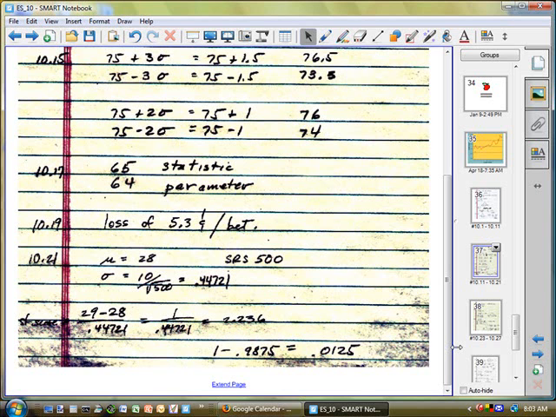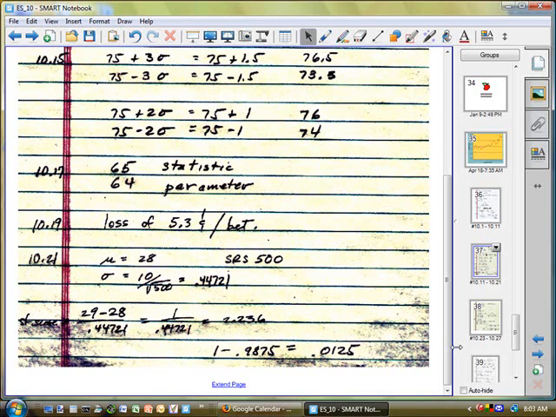I don't know if you can see this here, but you see how I calculated sigma? I said sigma equals 10 over the square root of 500, and that came out to 0.44721. Now, when I did my z-score, 29 minus 28, notice I had to divide by the new standard deviation.